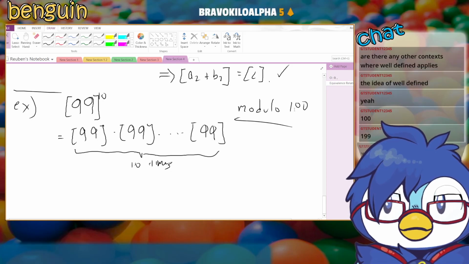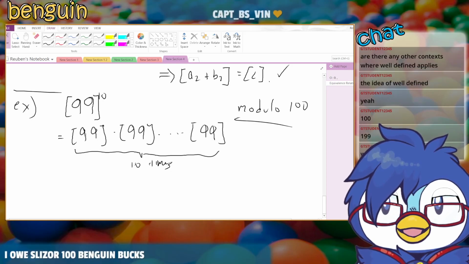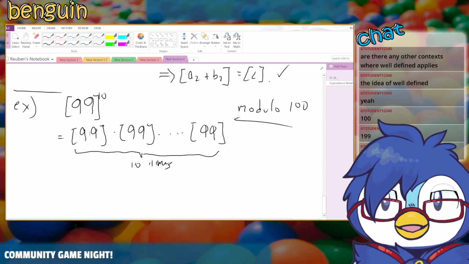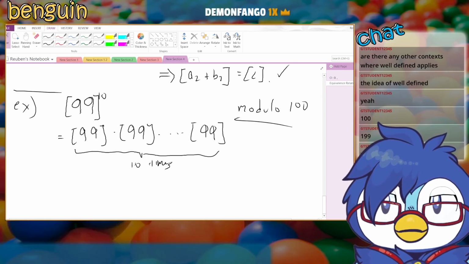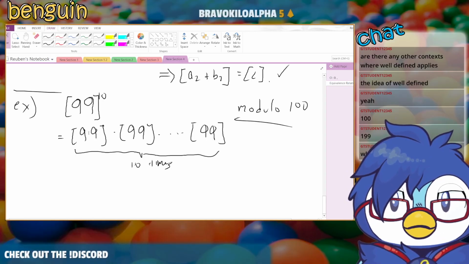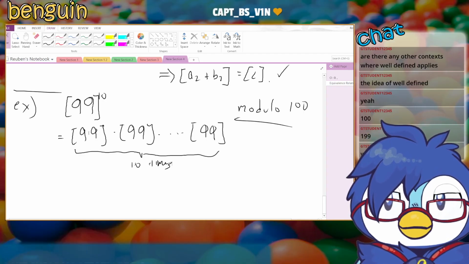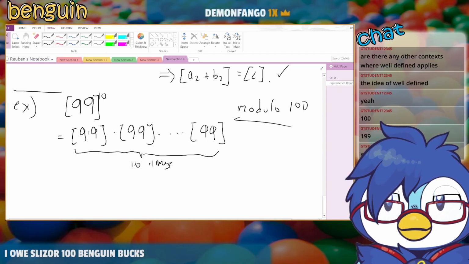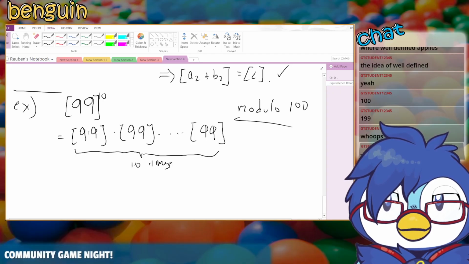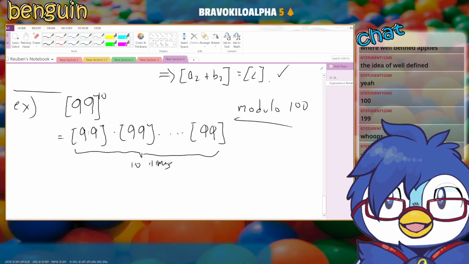Yeah. So in one direction, I can add 100 and get 199. What if I go the other way? What is the number that's smaller than 99 that's equivalent? Yeah, -1, exactly.